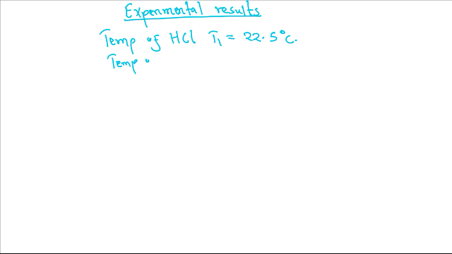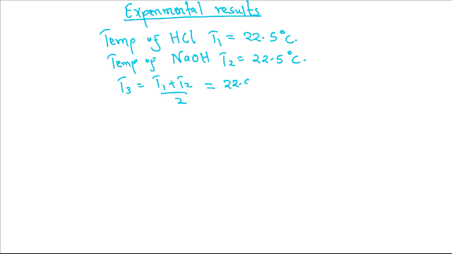Temperature of sodium hydroxide, T2, is 22.5 degrees Celsius. Then T3 is the average temperature, that is T1 plus T2 over 2, which gives us 22.5 degrees Celsius. Then T4, the final temperature, which is the highest, is 35.5 degrees Celsius.